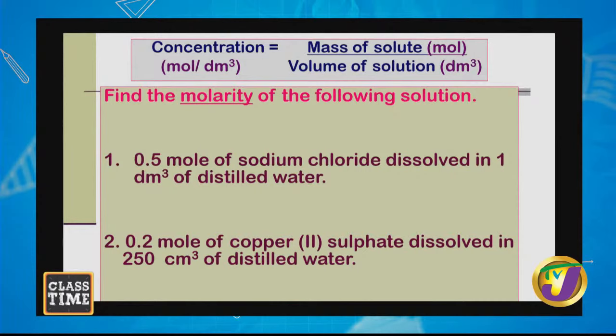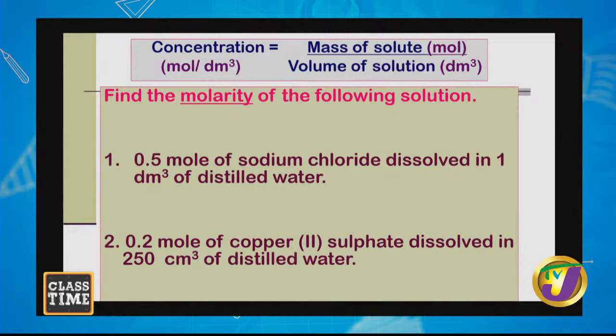So here we have 0.2 moles dissolved in 250 cm cube. Now this cm cube has to be converted to dm cube. How do we convert from cm cube to dm cube? That's right, we divide by 1,000. So dividing 250 by 1,000, we move 3 spaces to the left. So 1, 2, 3.